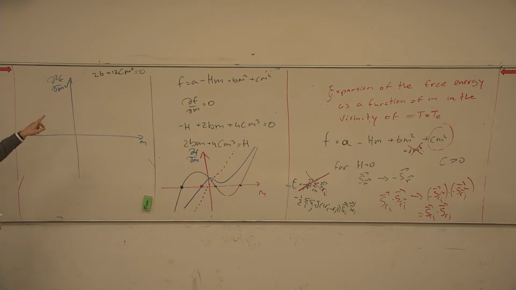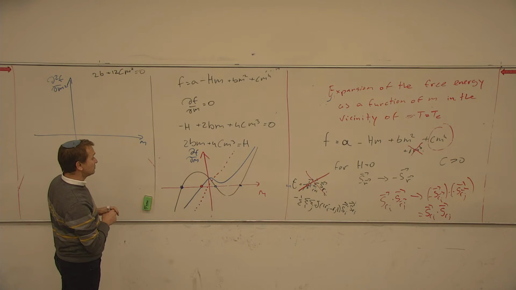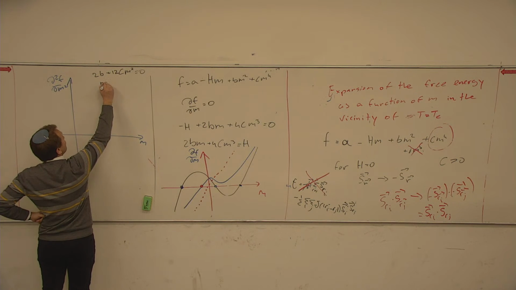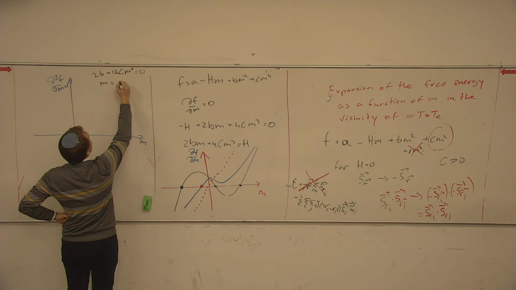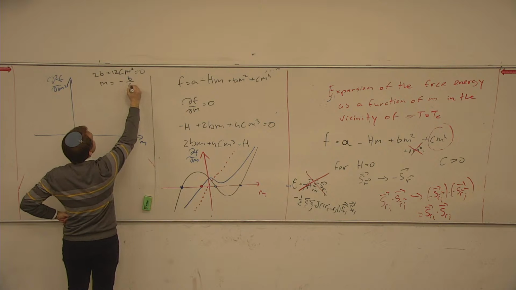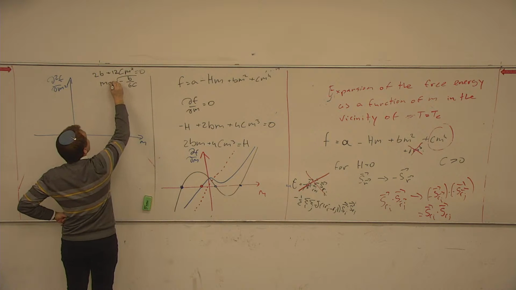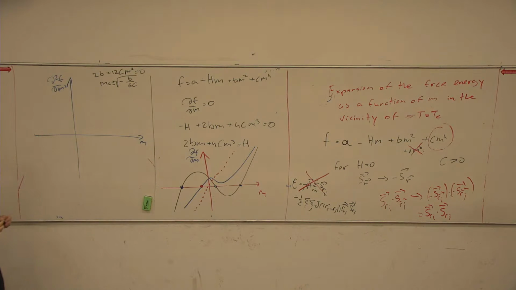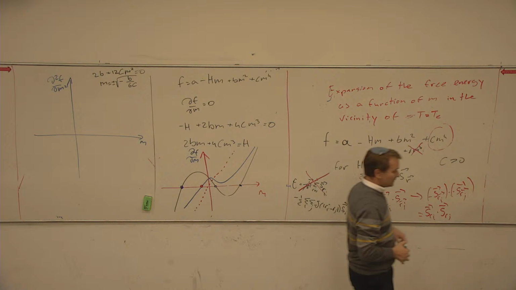Very simple. What does m equal to? m equals plus and minus the square root of minus b divided by 6c.